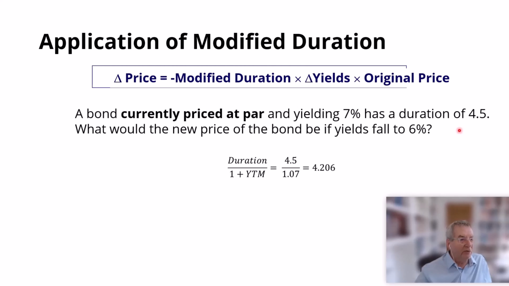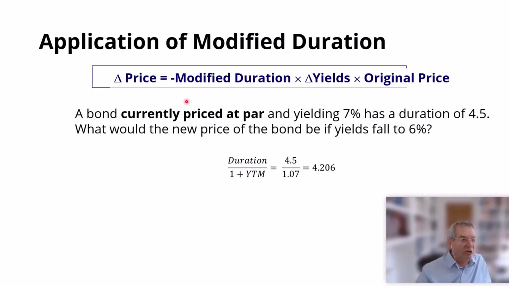There is a very simple formula at the top here, and let me go through it. So it says the delta of the price, delta means many things in finance, in this case it simply means the change, is equal to the negative sign, notice, modified duration, multiplied by the change in the yields, which we've just been informed is down 1%, multiplied by the original or current price, which we've also been told is $100.